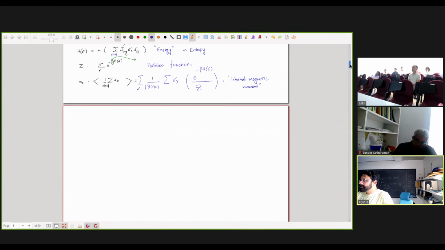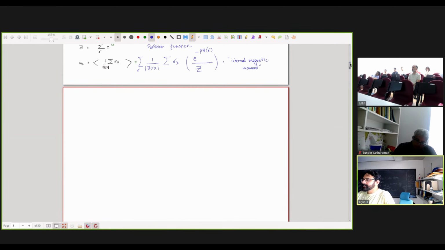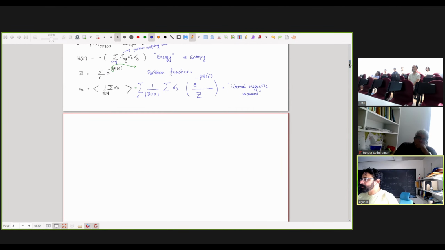So typically, you'll write the free energy here as a function. So I want to introduce another parameter. So I'll write H of sigma as the summation of sigma_x sigma_y, and then I'll add this external magnetic field that I'll write as h times the summation of sigma_x over x in the box.